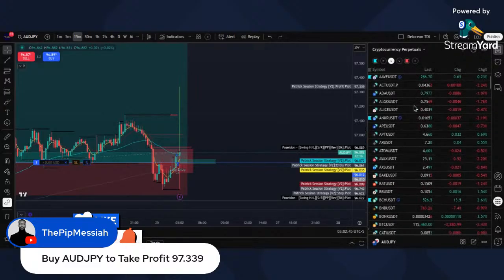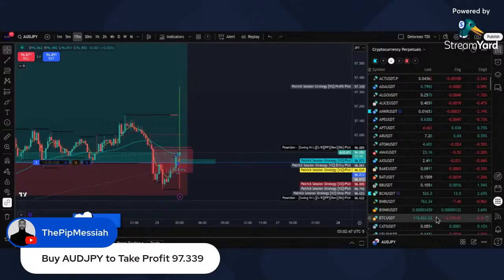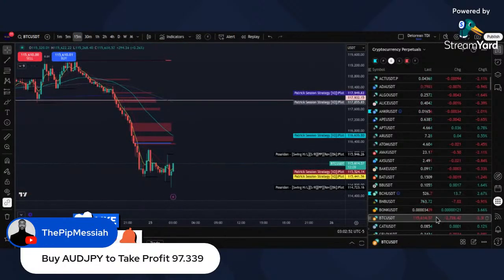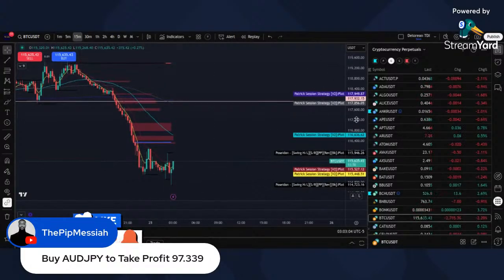Let's get back to Bitcoin, where we have continued retracement of price. Again, confirmation of this kind of consolidation period right now. We'll see if we get that continued push to the sell-off. Price is above the 13 and the 5.